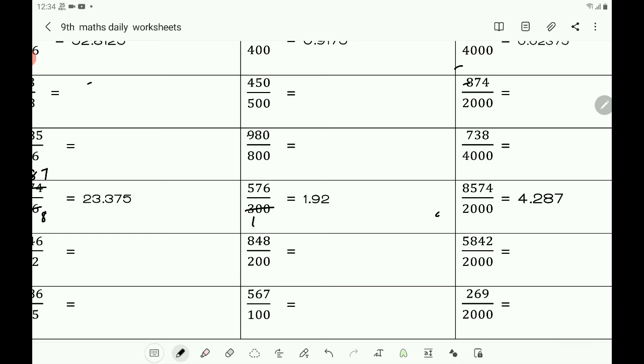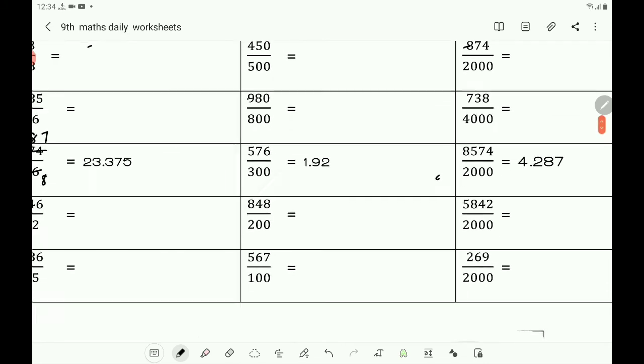So you write 300s are 3, 3 ones are 3, 3 nines are 27, 3 twos are 6. So you can directly write 192 by 100, which means the decimal point comes after 2 digits, so 2 digits are there after the decimal point. In this way, simplify the fractions and make it easy to convert.